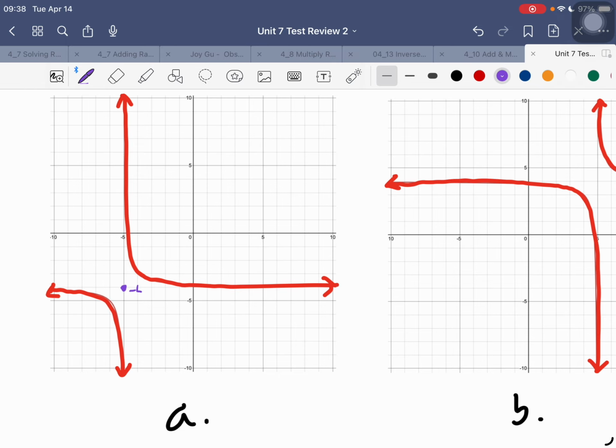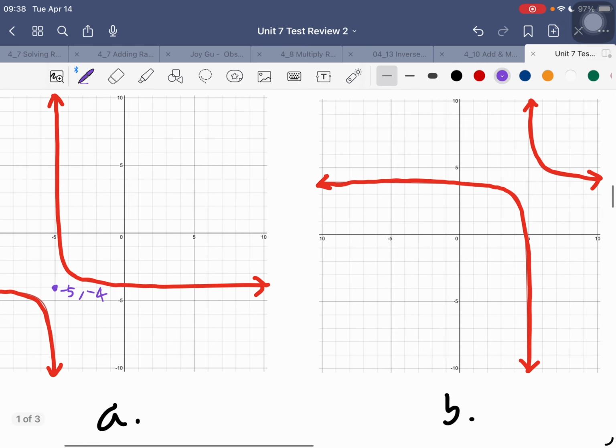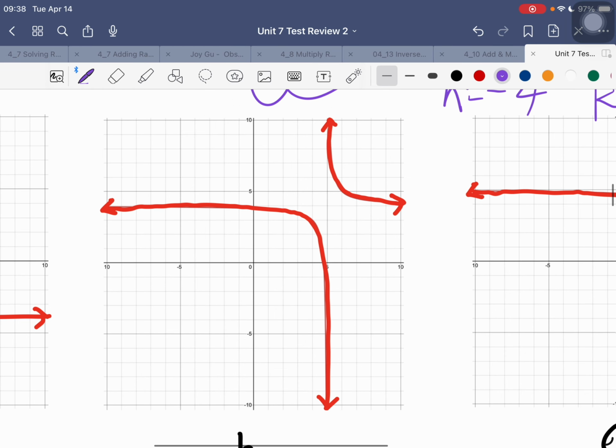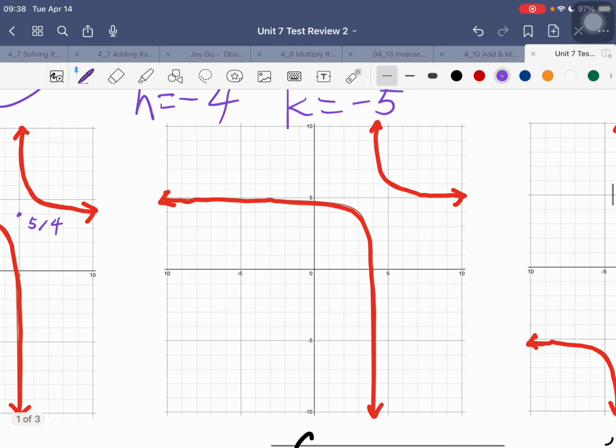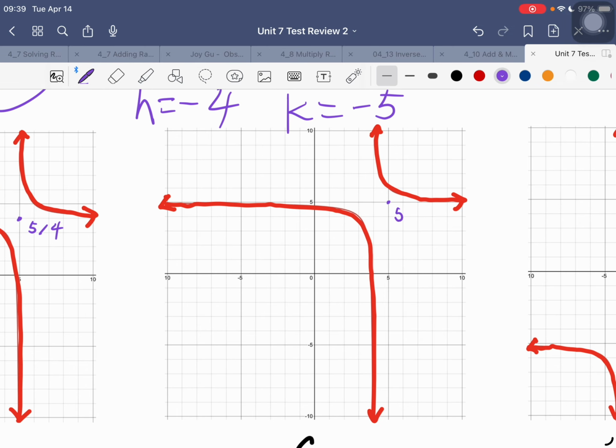This should be -5, -4. It's not correct. Let's see. This one, the middle point is around 5, 4. Not correct. This one, the middle point is around 5, 5. No. Here. It's around here. It looks like 5, 5 or 4, 5, but still not correct.